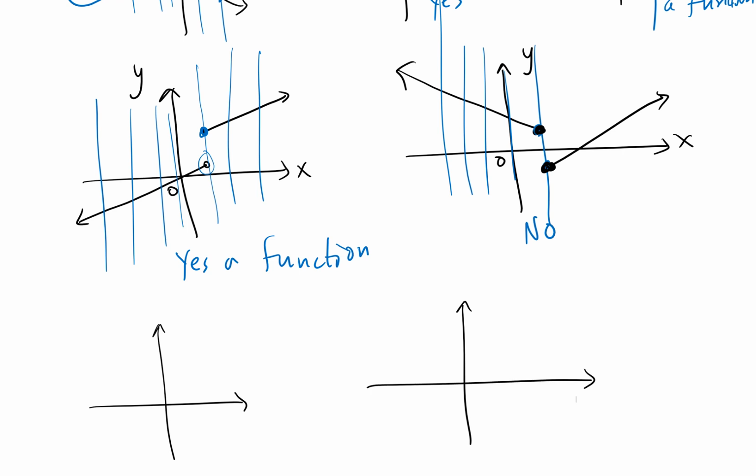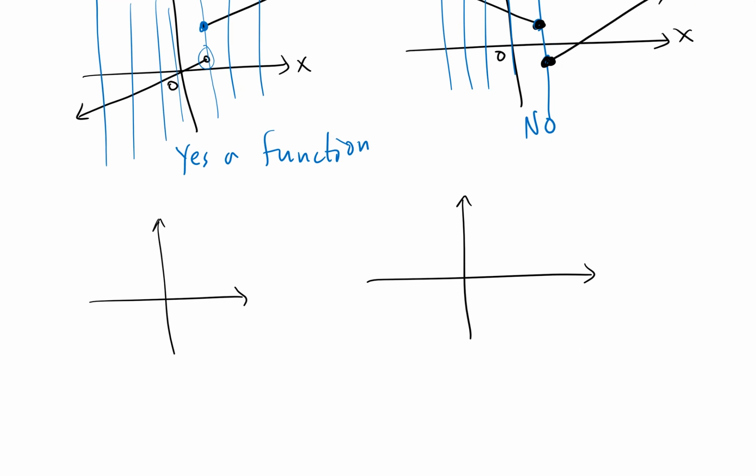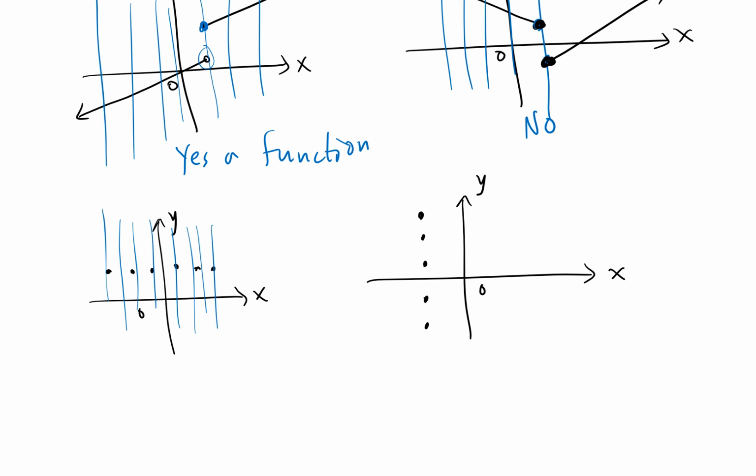Yeah, so other options, if we are given a function like this or a relation like this, we need to check if this is a function or not. Is the first one a function or not? What do you guys think? Well, if I draw a line, no matter where I draw the line, it always goes through one point. So yes, it's a function.